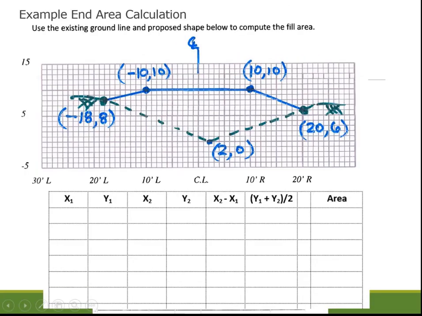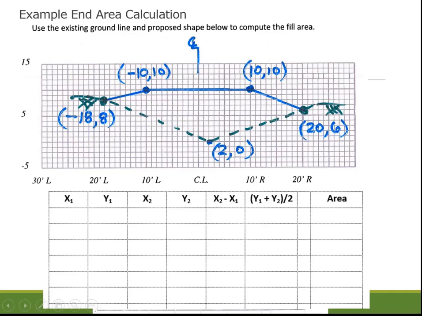Next, we can do a sample problem on how to determine that cross-sectional area, also known as an end area. So we have an existing ground line in green that would be produced by performing a survey of the existing ground.